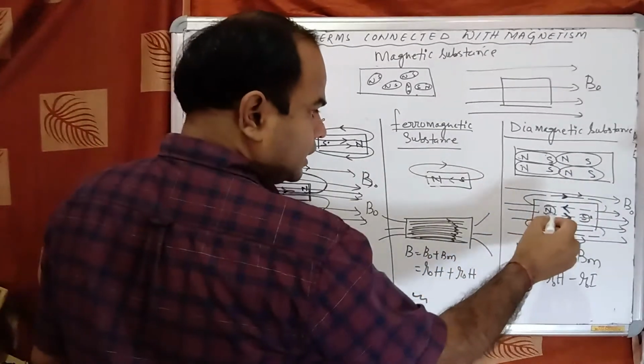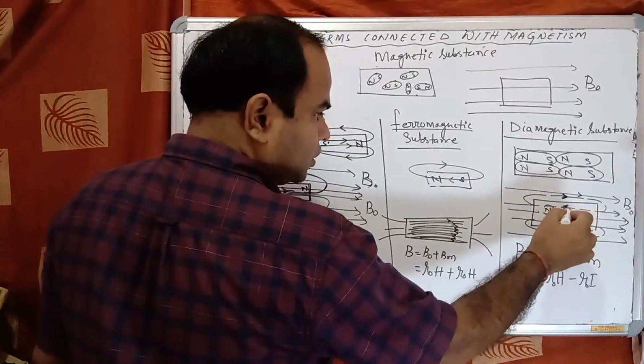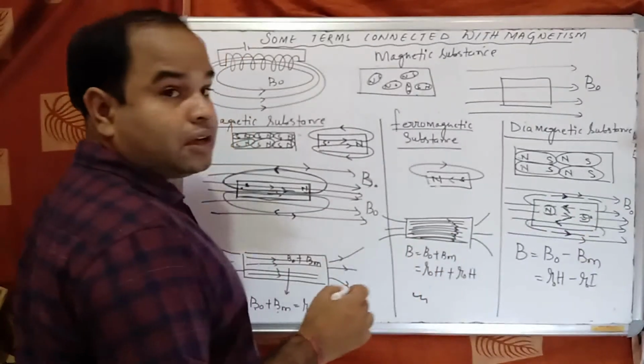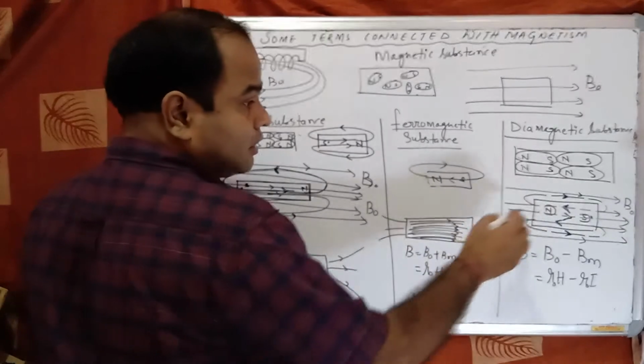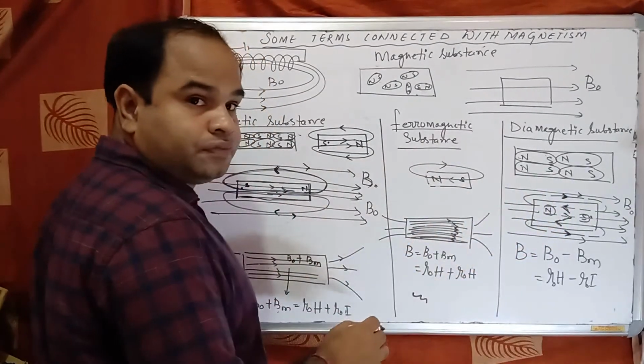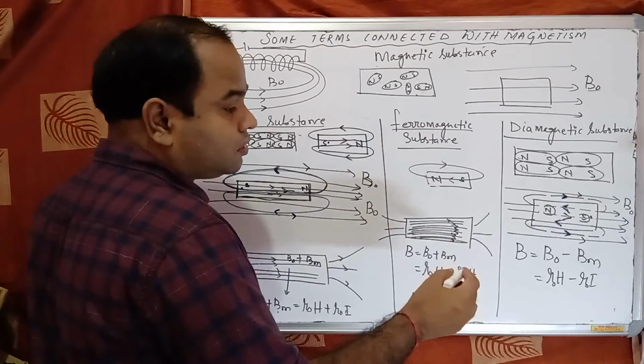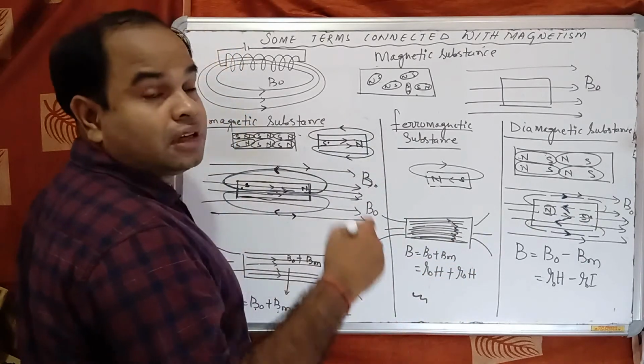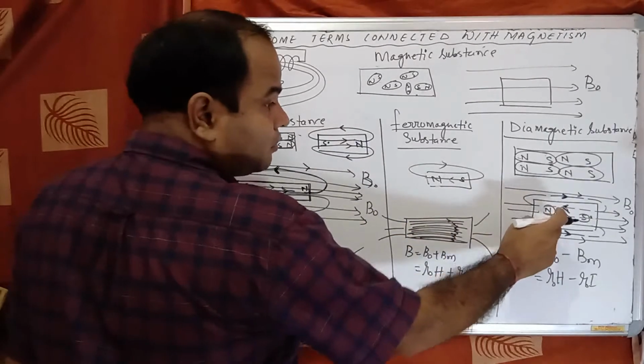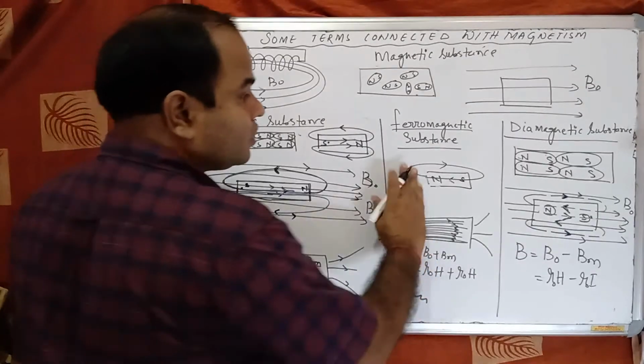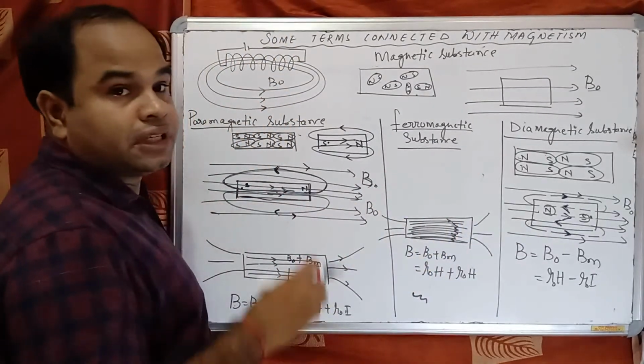This is external, this is induced, they are opposite, but outside they are in the same direction. So outside the number of field lines will increase, but inside the number of field lines will decrease because inside they are in opposite direction.